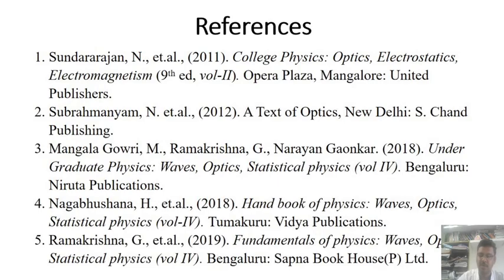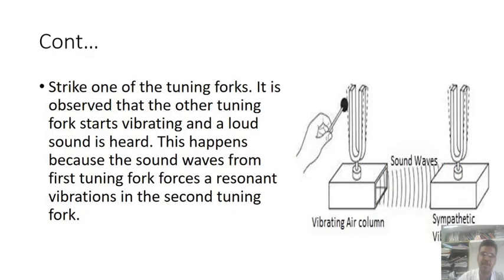So, knowing these things, resonance and its examples, what we have observed through examples are about vibrations. There are two types of vibrations, free and forced, and also resonance.